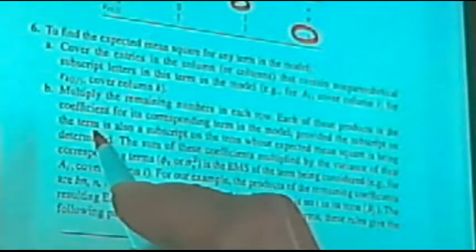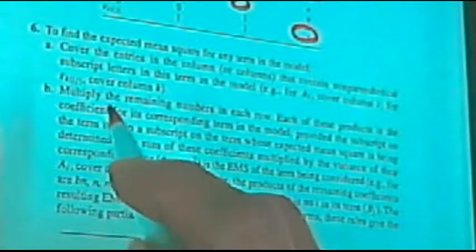It says to find the expected mean square for any term in the model, cover the entries in the column that contains non-parenthetical subscript letters in this term. So let's see what that says.